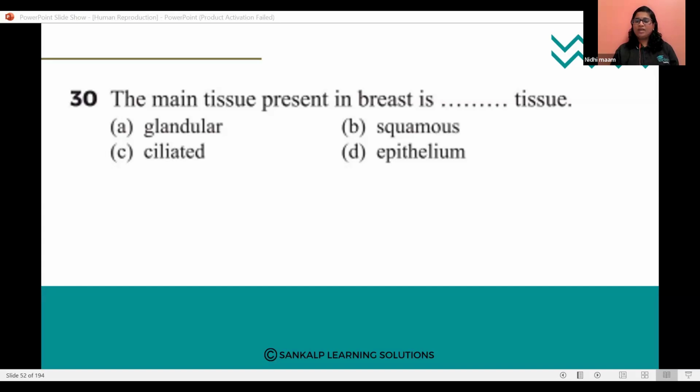Most of you answered option A, glandular. Glandular is the correct answer, because the breast has lactatory glands which produce milk. So option A is the right answer.